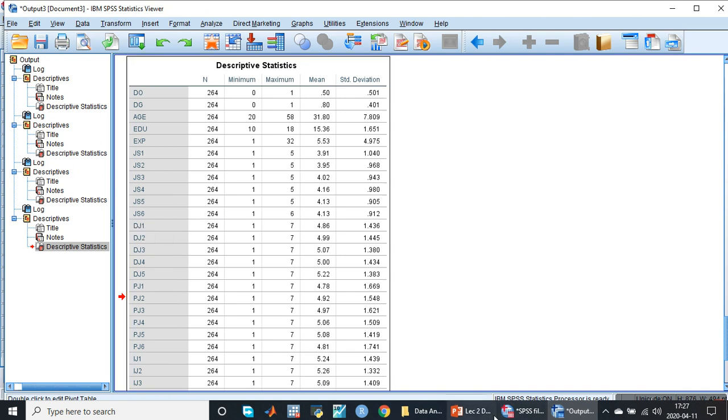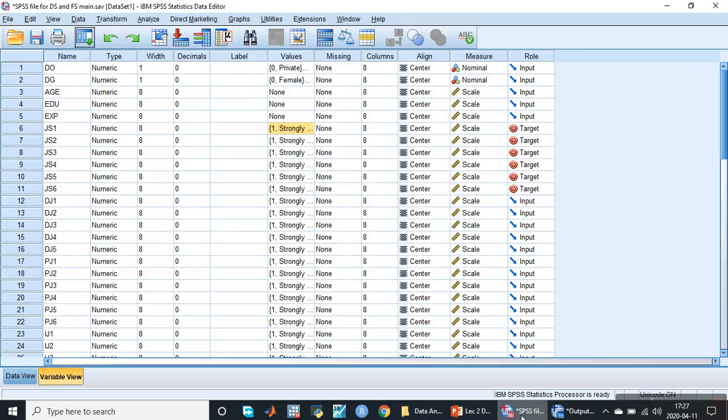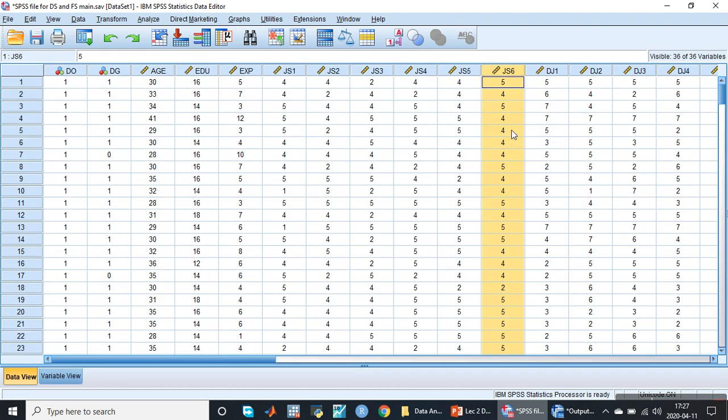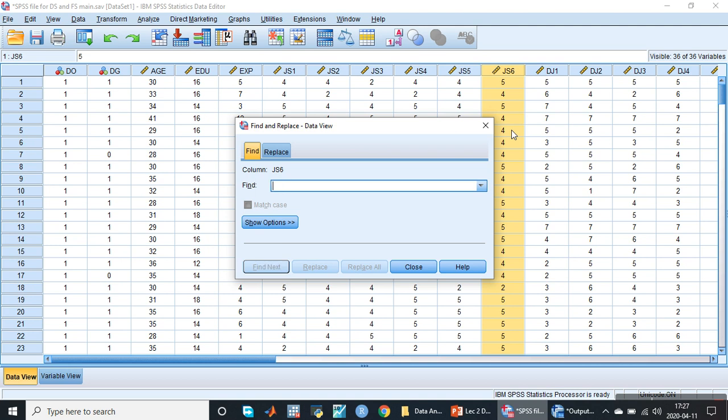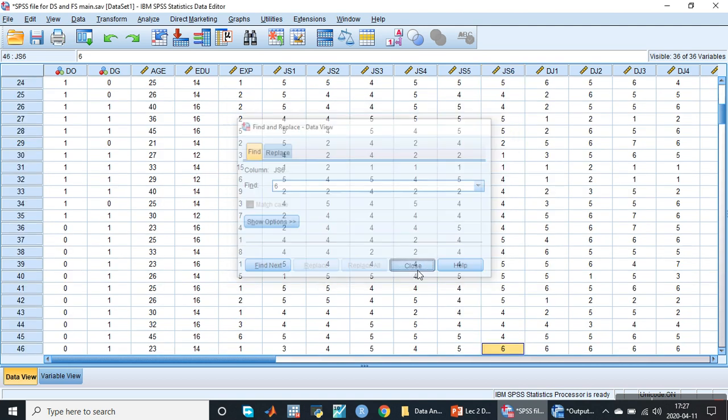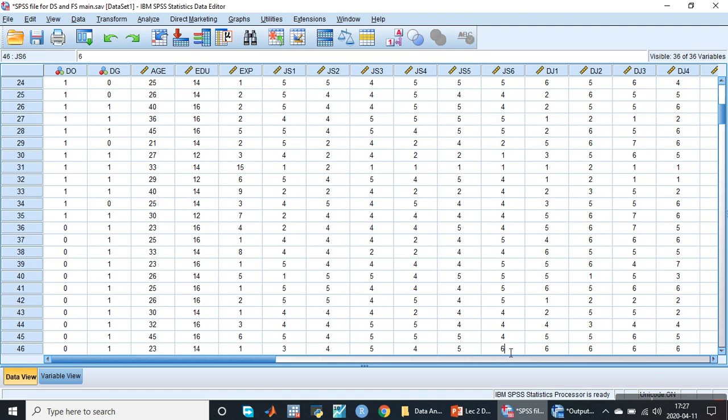In the JS6 variable, job satisfaction variable 6, Control F, write 6, enter, and it will find the value. This is the value. Instead of writing 5, by mistake we wrote 6 at the time of entering the data. So we will write 5. So now it is correct.